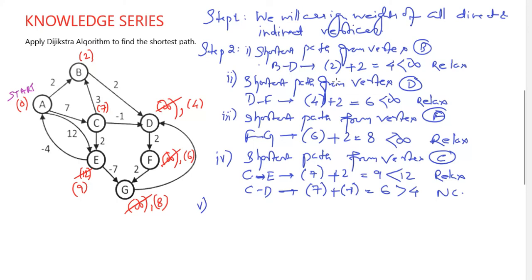G and E. So among G and E, G is smaller.